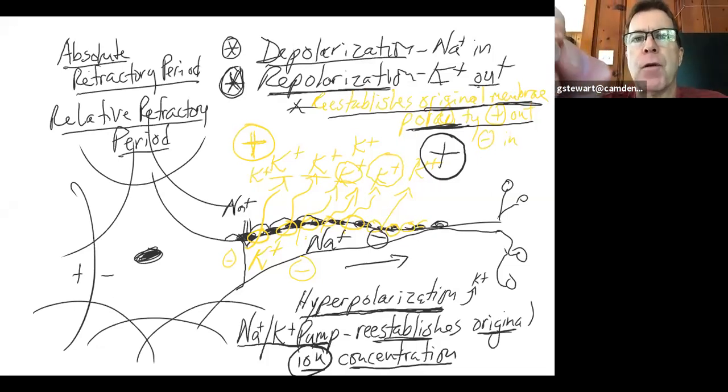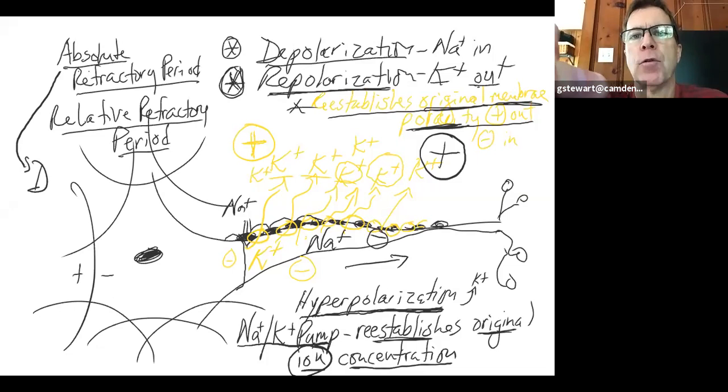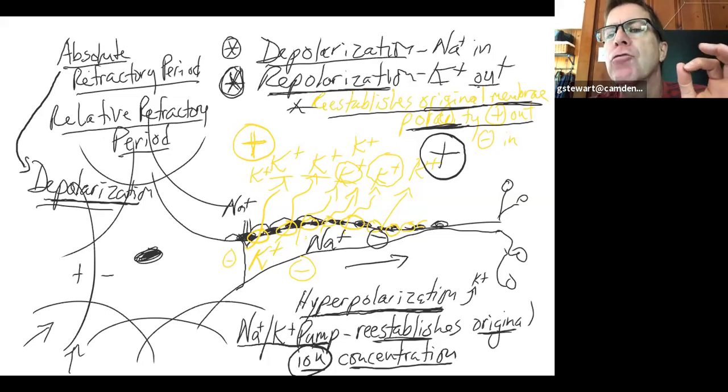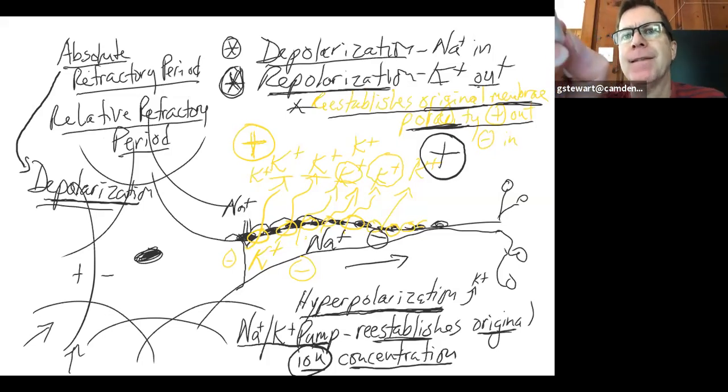Absolute refractory period occurs during depolarization. So as those sodium channels are opening up all the way down this axon during depolarization, if we stimulate this cell again during depolarization, it won't respond to another stimulus no matter how strong it is. That's absolute refractory period.